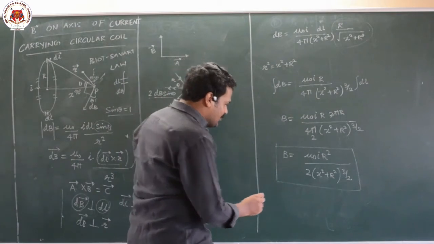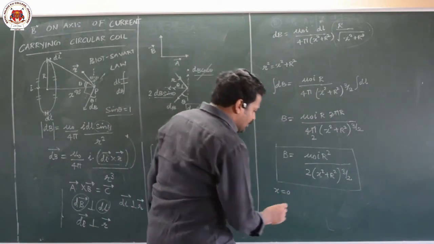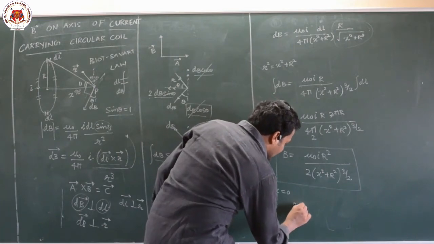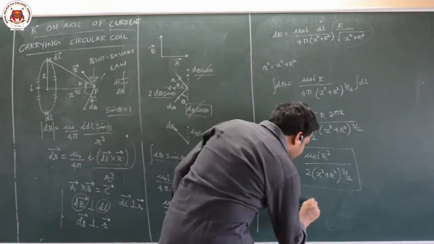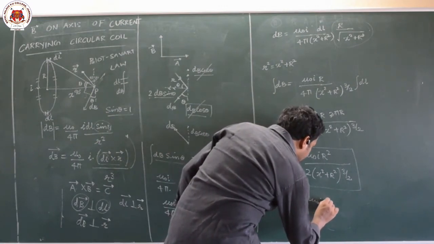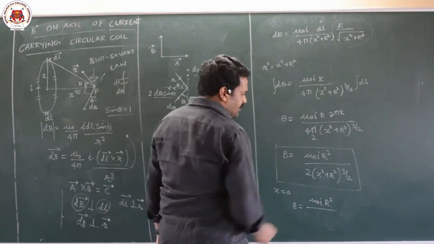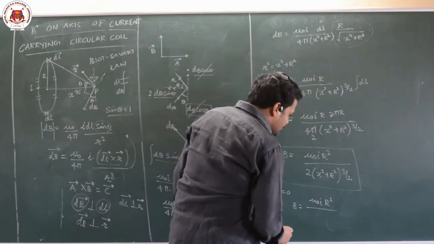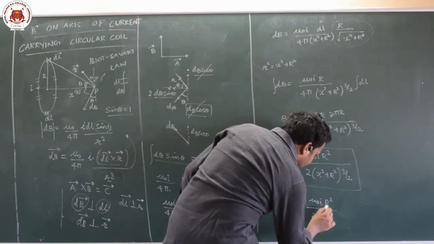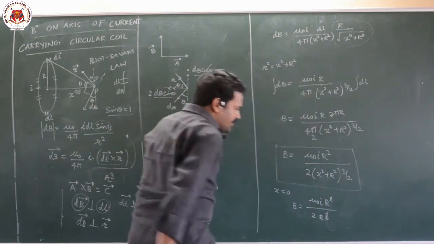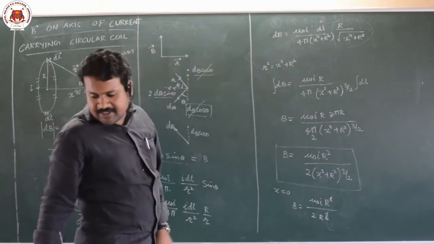You get μ₀ I R² divided by 2 (0 plus R²) whole power 3/2, that is 2R³. Square and cube get cancelled, and you get μ₀ I/2R. This is the magnetic field at the center.